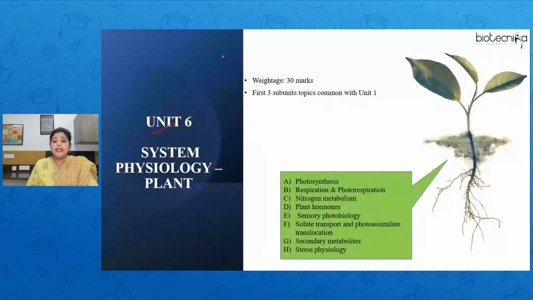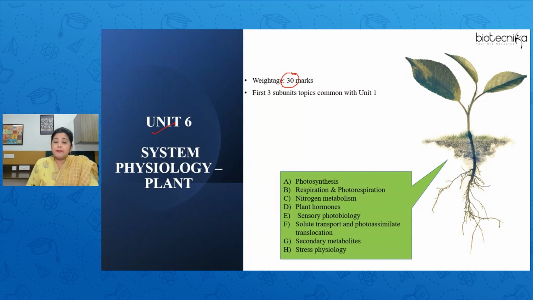Here you can see it has a weightage of around 30 to 36 marks, and we know the pattern of questions asked from unit 6 very well. So for students who have neither a botany nor a zoology background, if you have to choose between unit 6 and 7, I suggest that you always go for unit 6.